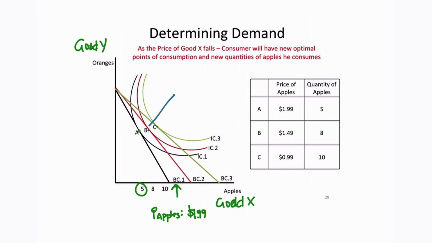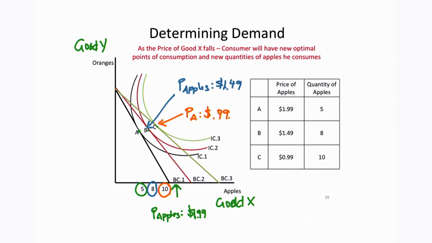At point B, we're saying that the price of apples is $1.49. And at that point, we're consuming 8 apples. At point C, the price of apples is 99 cents. And at 99 cents, we consume 10 apples.